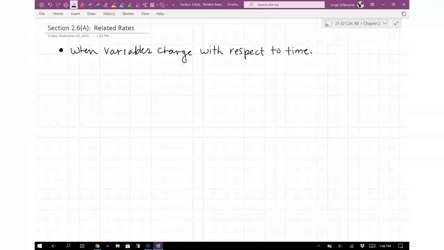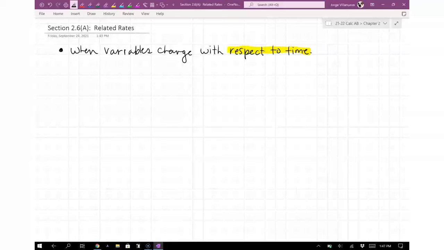So in other words, unless they state otherwise, most of your problems will be like dx/dt, dy/dt, dA/dt, like for area, dV/dt if you're doing volume, right? Everything's going to tend to be based on time, okay? So everything's going to be done with respect to time, so the dt on the bottom. That's one of the big things you have to be aware of.